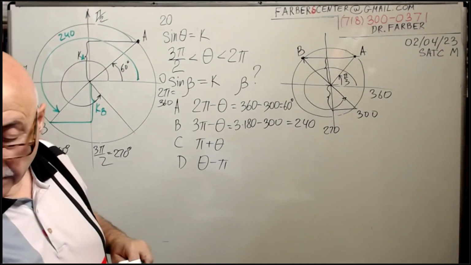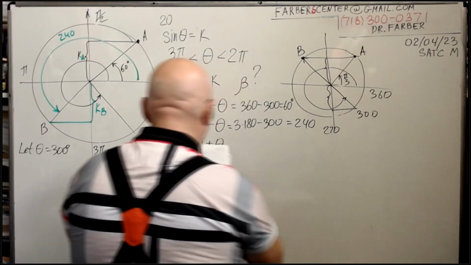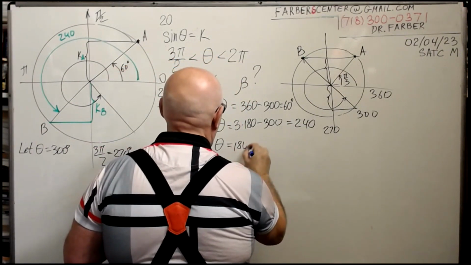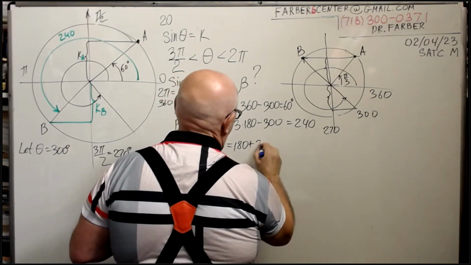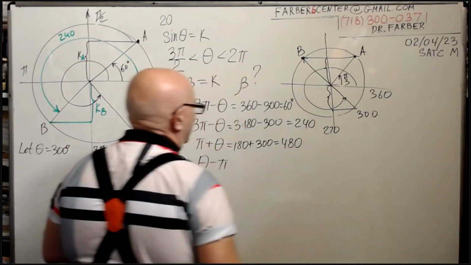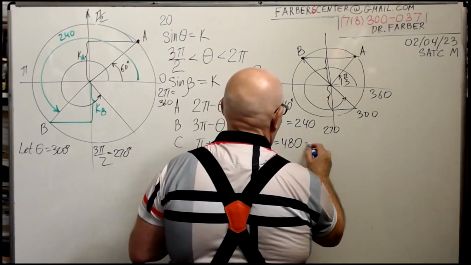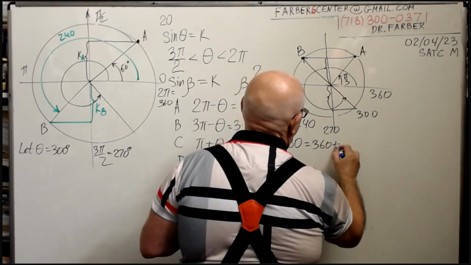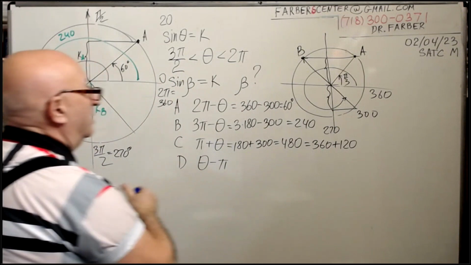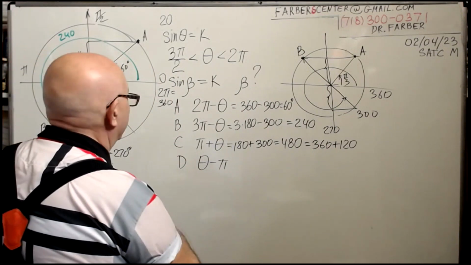Pi plus theta. What is pi plus theta? It is 180 plus 300, which is 480. What is 480? 480 is 360 plus 120. Always try to get 2 pi. 360 plus 120.